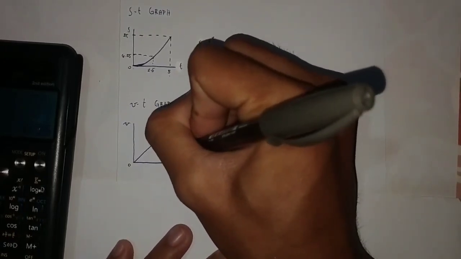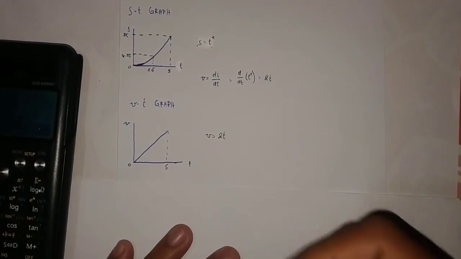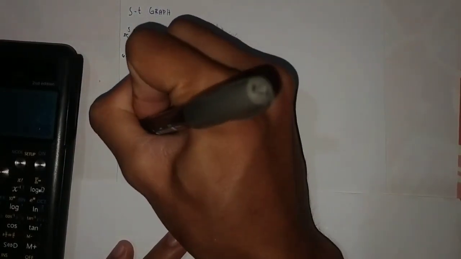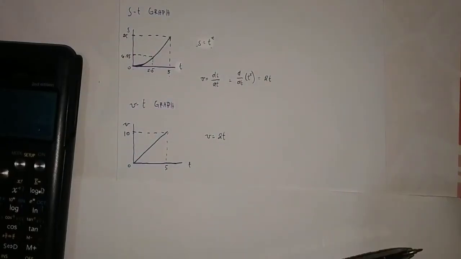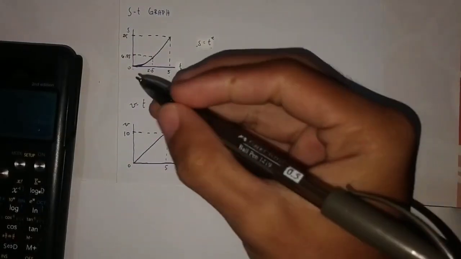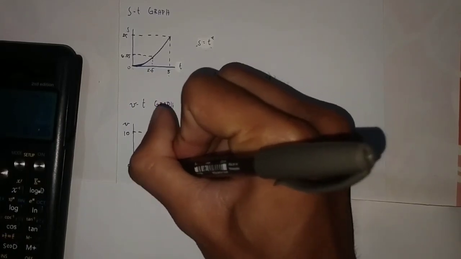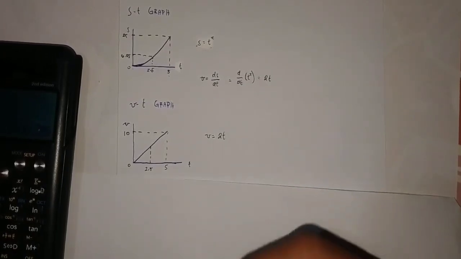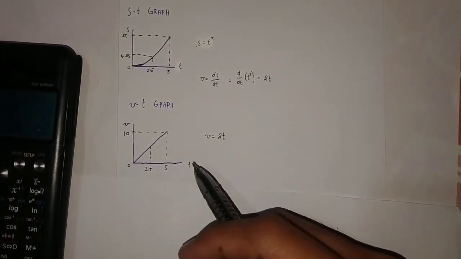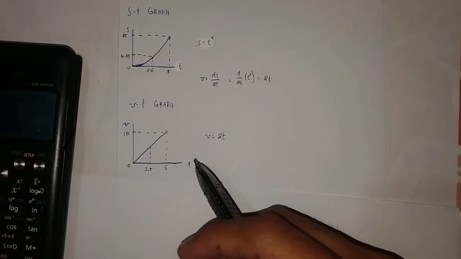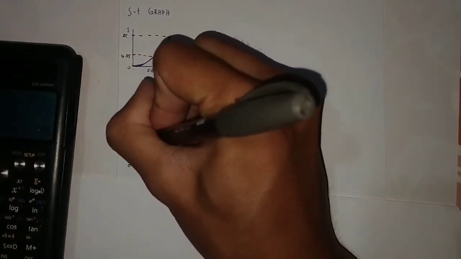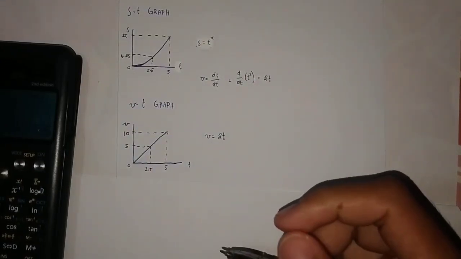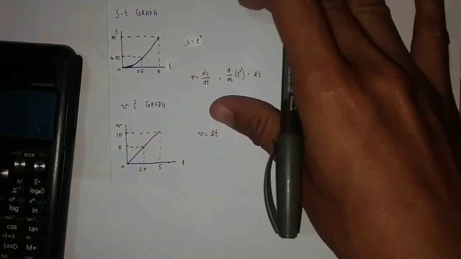Let's say at 5 seconds here, your velocity will be 10 meters per second. Also at time 2.5 seconds, your velocity is 5 meters per second. So that is how you create your VT graph.